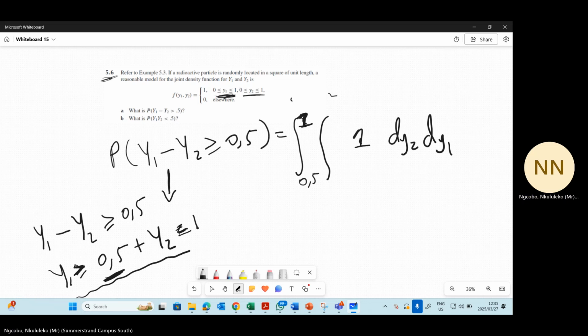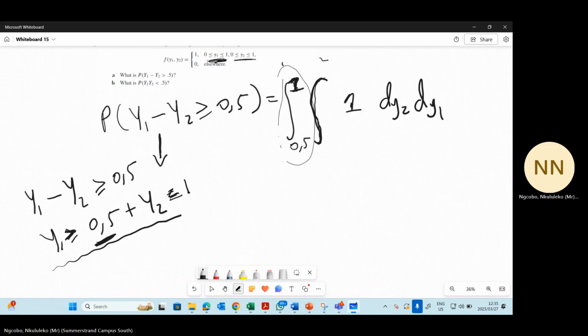I always try to make the first integral one of constants, so that all the variables are on my second integral, which will be the interval for y2.